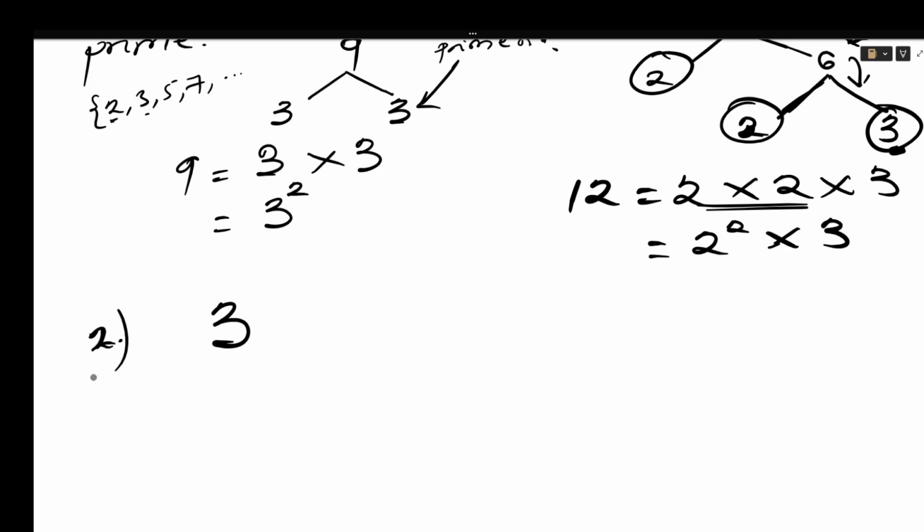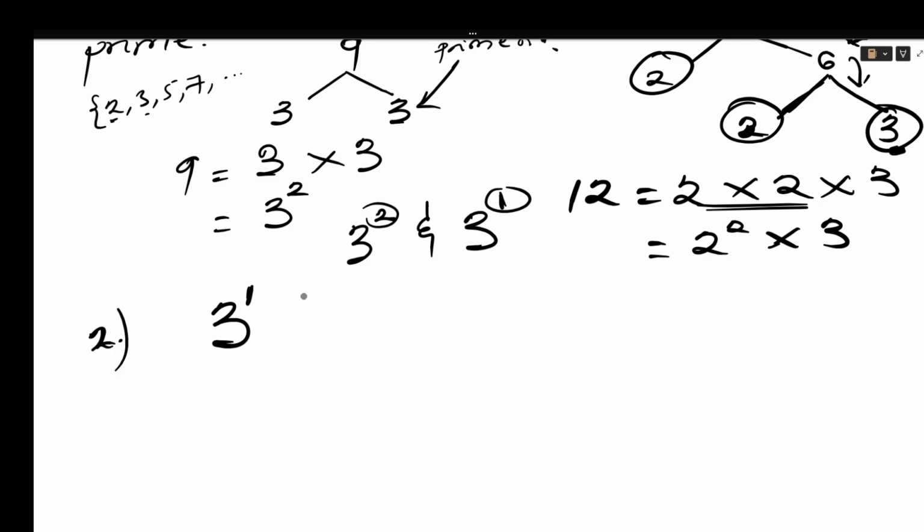Now the third step. For the 3, we have 3 raised to the power 2 from the 9 and just 3, or 3 raised to the power 1, from the 12. Comparing 2 and 1, we pick the least as our answer.